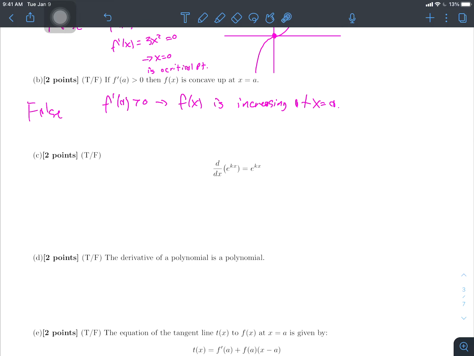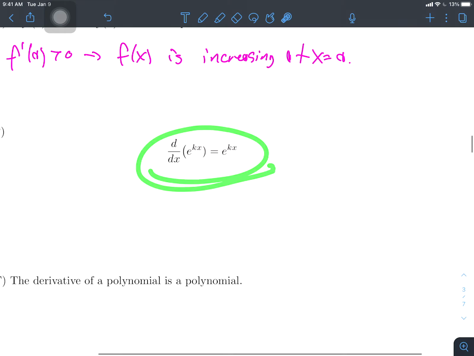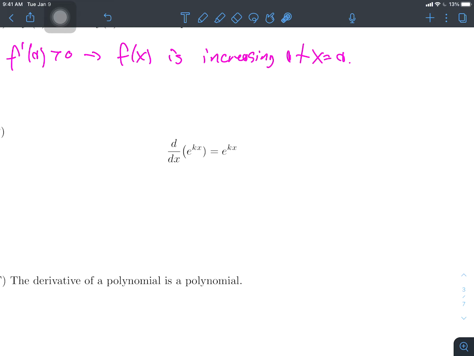Next up, we have a very common mistake in calculus. We tell all of our students, yes, the easiest derivative that you can possibly do is the derivative of e to the x. It's just itself. But that only works for e to the x.